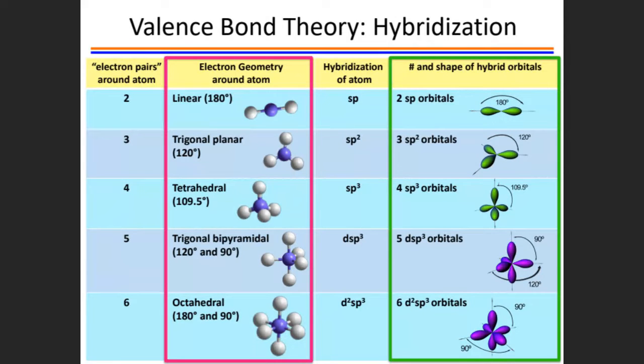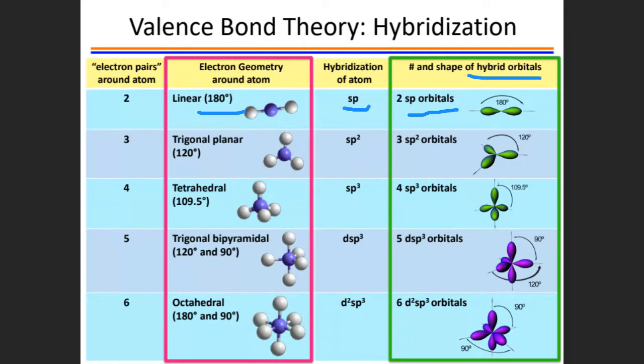Electron pairs around the atom: 2, 3, 4, 5, 6. Electron geometry 2, linear, 180. This is sp. When sp, that means one s orbital and one p orbital overlap and make two sp hybrid orbitals.